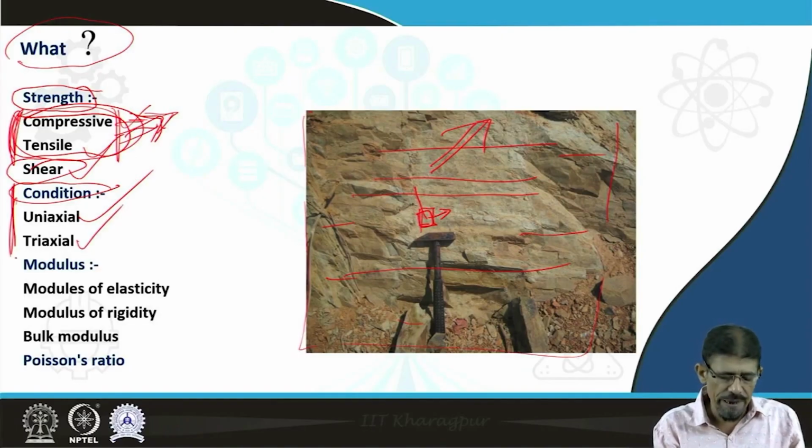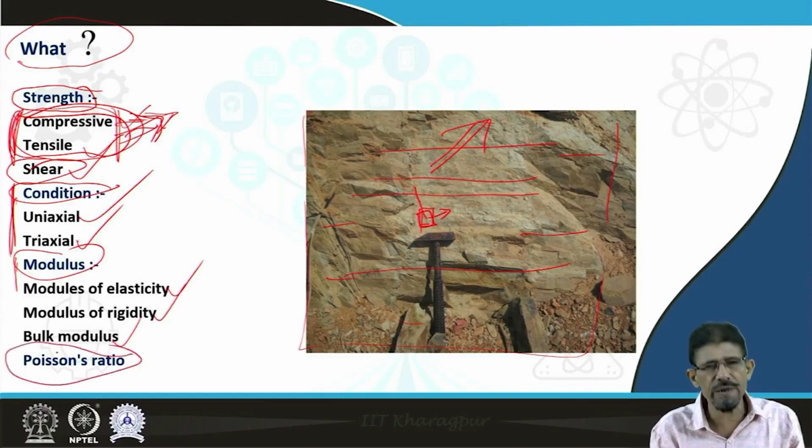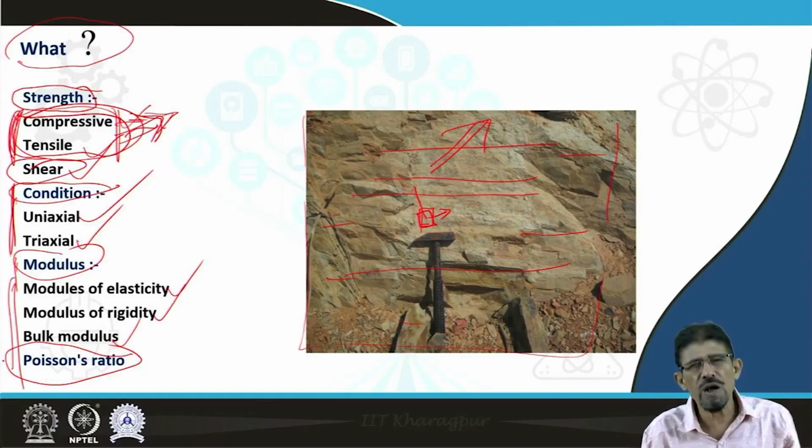And then, important mechanical properties: we have modulus, modulus of elasticity, modulus of rigidity, bulk modulus, and another parameter, Poisson's ratio, which we have already discussed in our previous discussion during the development of the fundamental platform.